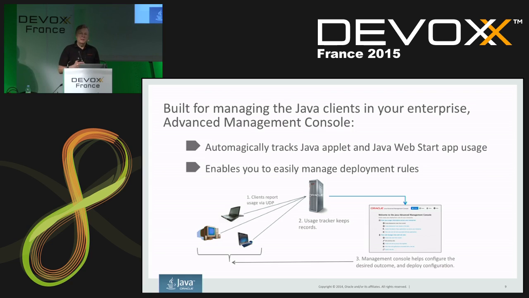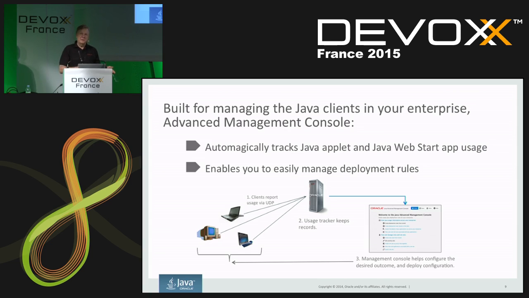So this way you can create deployment rules, and it also comes with a tool called the usage tracker that allows you to even find out what Java applets and applications you have in your enterprise.